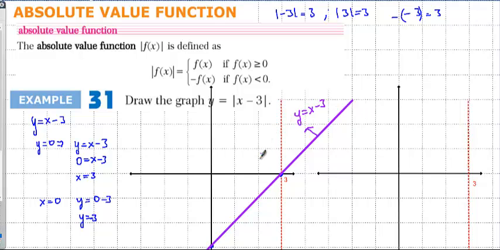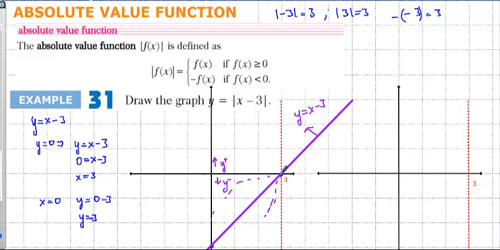What about the absolute value? Absolute value means always positive. Always positive means the negative part here cannot be, so y cannot be negative. Here this part is y positive, this part is y negative. The negative part of y cannot be.